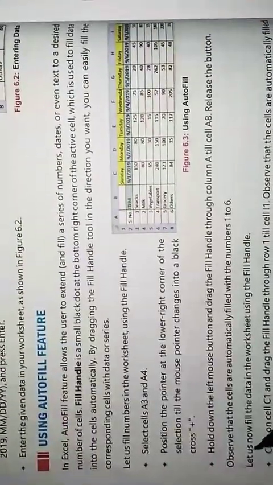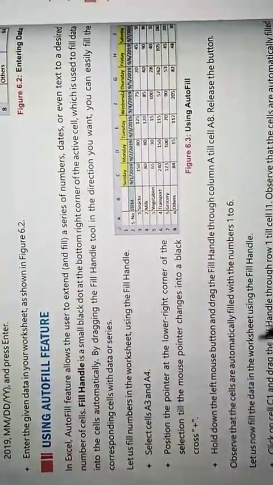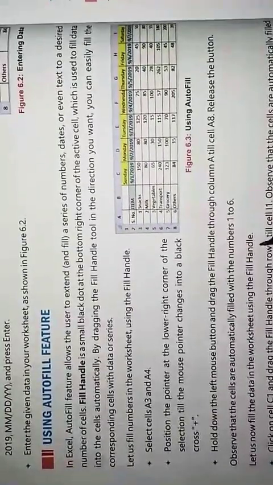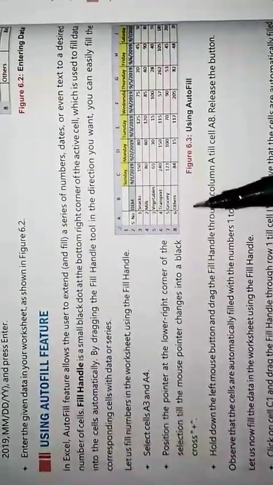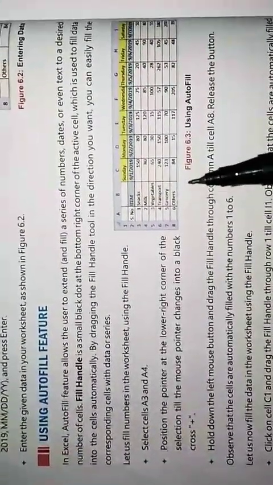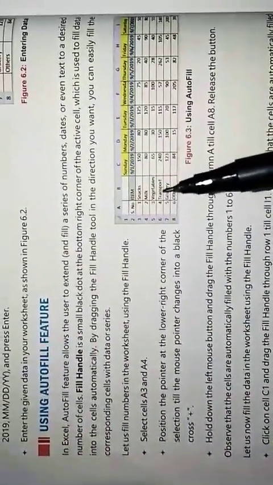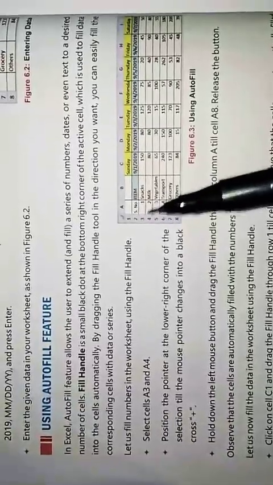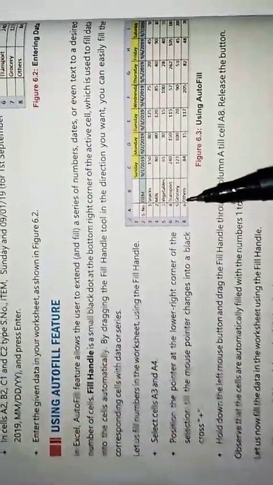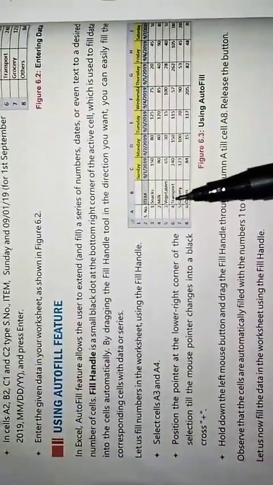So let us now fill data in the worksheet using the fill handle. You can observe that the data entered in the cell will automatically fill according to the series of numbers. Understand?